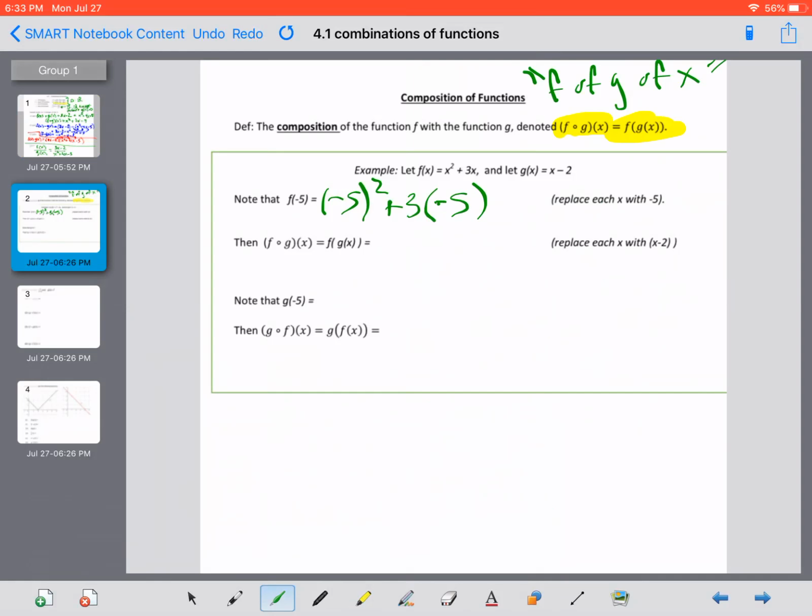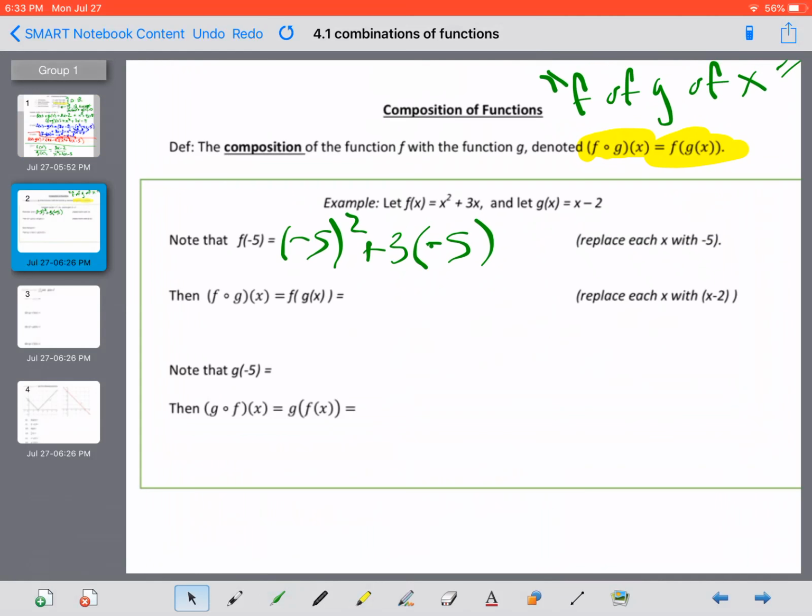So I just took that f of x function and I replaced every instance of x with a negative 5. Well, if I wanted to find f of g of x, I'm using the same idea here, except what I'm going to do is replace every instance of x with g of x. So I'm evaluating the f of x function at g of x. In other words, I'm trying to find f of x minus 2.